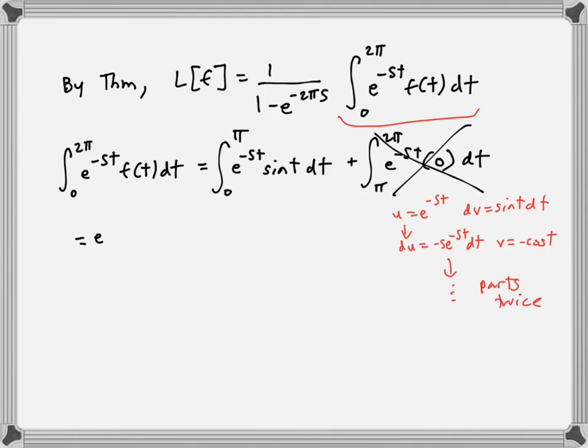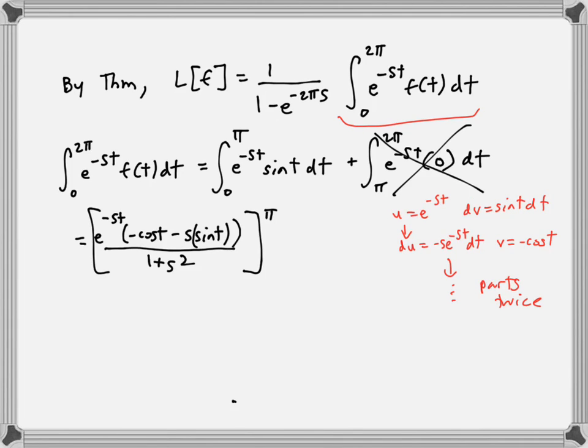You end up getting e to the negative st times negative cosine t, and then minus s times sine of t, and then we have over 1 plus s squared. Okay, so this is what we get, and then we have to evaluate it from pi to 0.